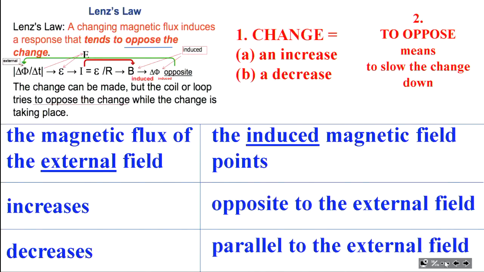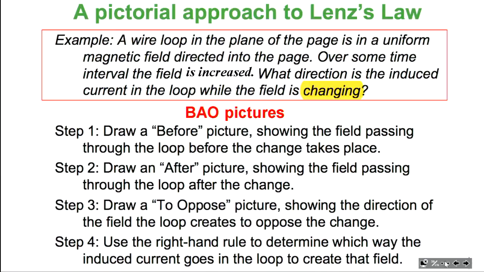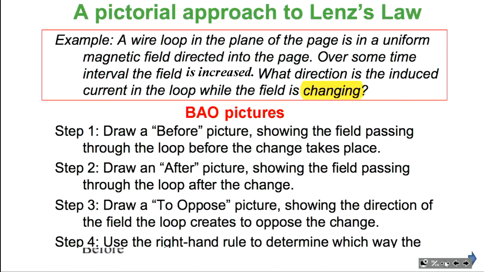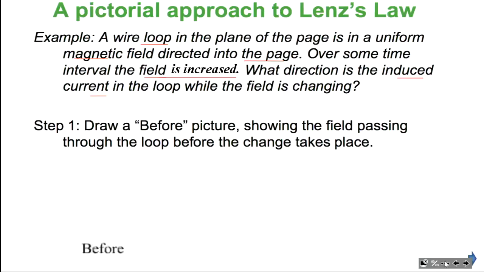It represents the direction of the induced magnetic field. That's the description of the steps. Draw a picture which depicts the initial state of the flux inside the loop. Next, draw the picture which demonstrates the induced field opposing the change. And then, in the end, you can make a conclusion about the direction of electric current. So all we have to do is practice.